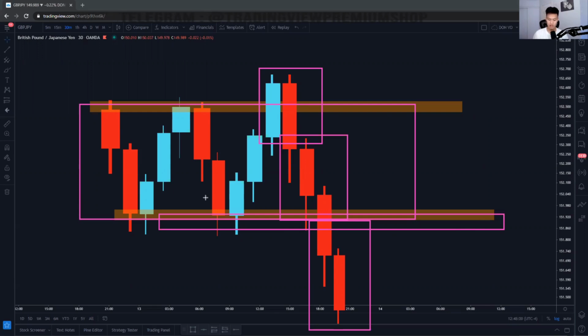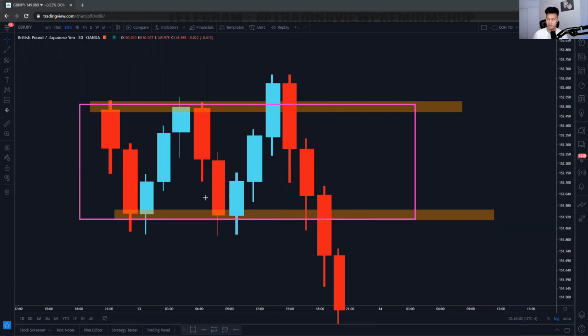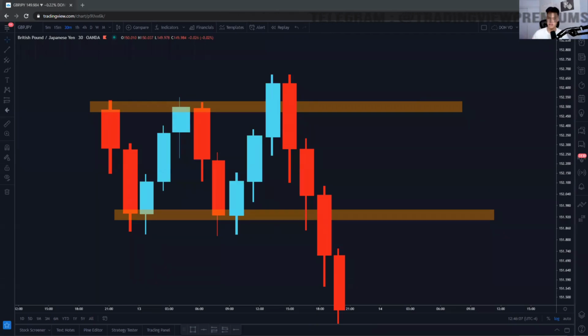Usually, where I would look for entries on a fake out, I'll be very patient with it. I'll first notice the fake out, which is right here. Once you get that breakout, if the next candle doesn't continue up above the range, and instead pops back into the range and closes bearish, then there's a high chance price comes down to fill the range.